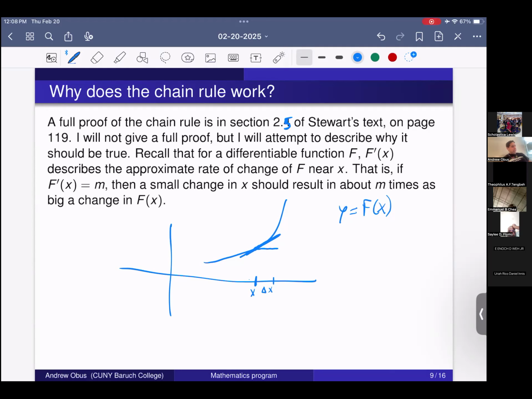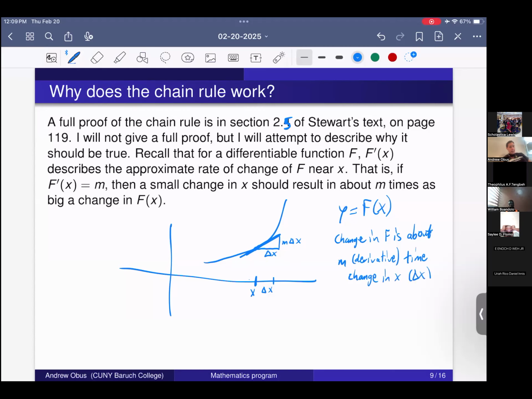If this is delta x, then this over here should be m times delta x, if this right triangle has base delta x. So the change in f is about, not exactly, but about m, which is the derivative, times the change in x.